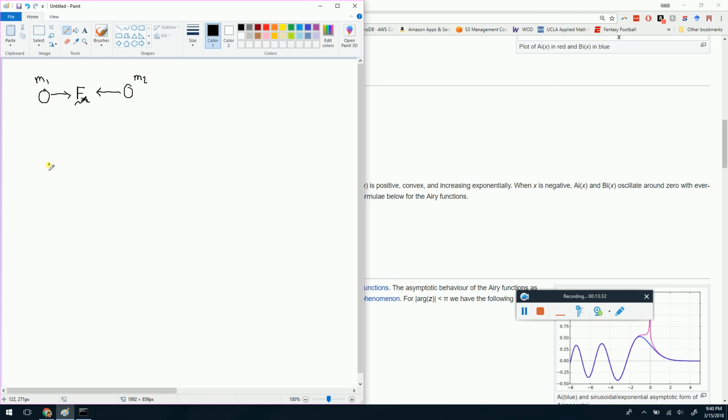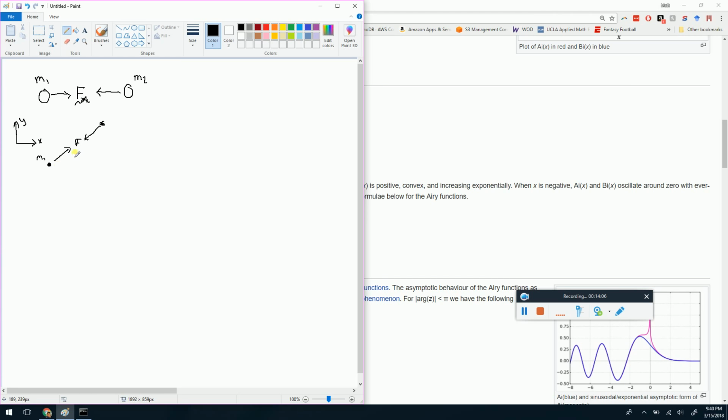Here's my mass 1, and that's getting pulled by F, and this one's getting pulled also by the same F. Just to show that it's not necessarily only horizontal, let's give a coordinate system X and Y. So this has two components, both a horizontal and a vertical component.